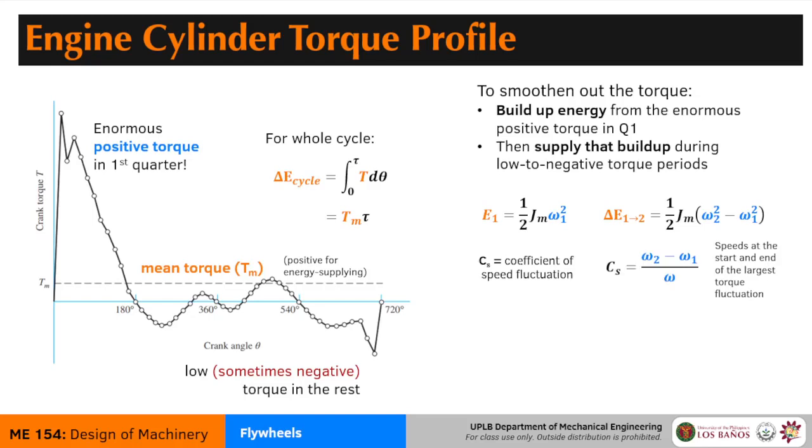We have what we call the coefficient of speed fluctuation, C sub S. C sub S takes the difference between the starting and ending speed of the largest torque fluctuation divided by the nominal angular speed. The nominal angular speed is just the average of these two quantities. And if you substitute these into the delta E equation, you get a much more compact formula. This is just the speed fluctuation coefficient times the mass moment of inertia times the nominal angular speed squared.